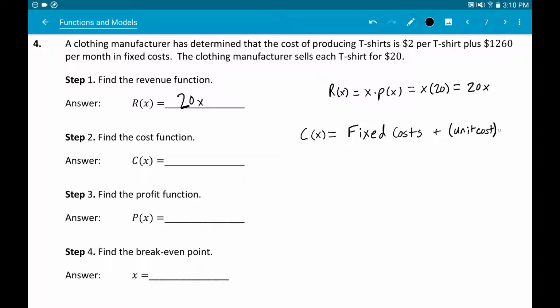Take that unit cost and multiply it times x, because x is how many you produce or sell. So in our case here, C of x is going to be $1,260 for the fixed costs plus $2 for our unit cost times x, so that's going to be 2x. So $1,260 no matter what, plus $2 for every item that we produce.